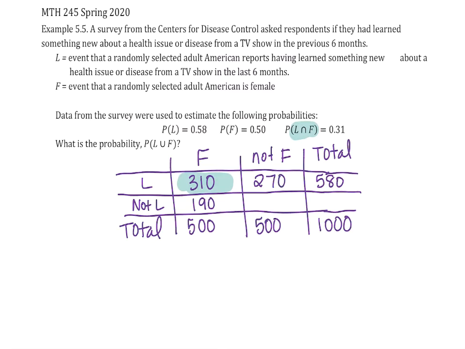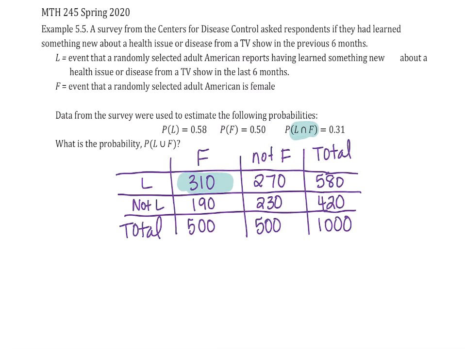Okay, we're just making this table where the numbers work out. And so now we're getting some information about that not female column. So take 500, account for the 270, and that leaves 230. And then the last one, we've accounted for 580, and so that leaves 420. You could have also done that by adding across this time, the 190 and the 230.